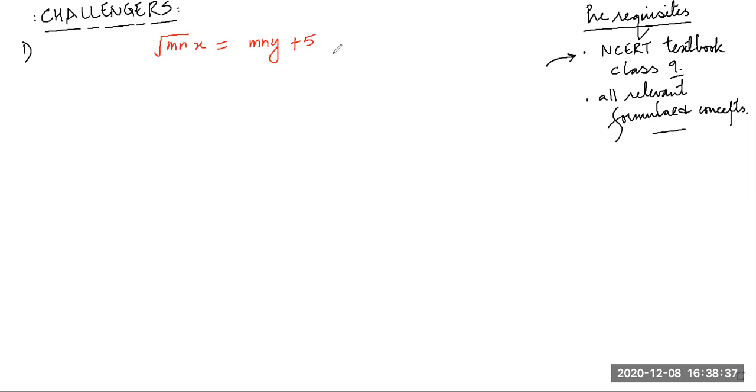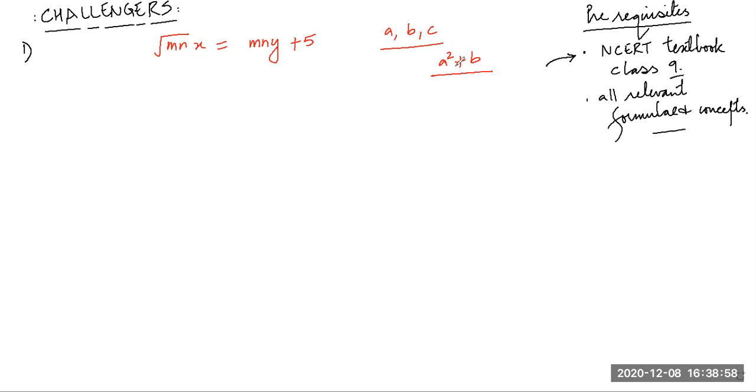We have to find the values of a, b, and c, the coefficients in the standard form of a linear equation in two variables, and then find out the value of a square plus b. So guys, it's pretty simple.